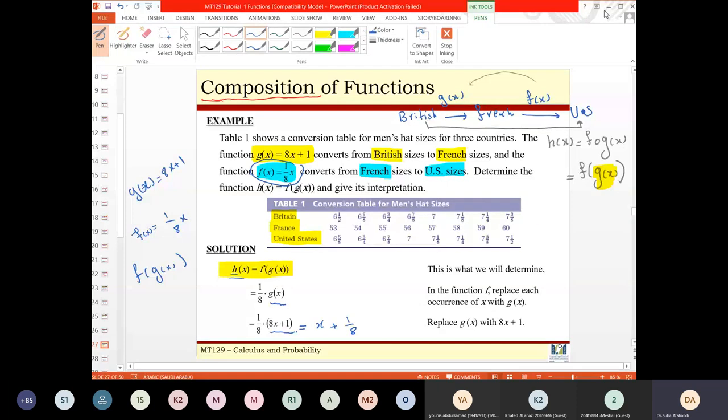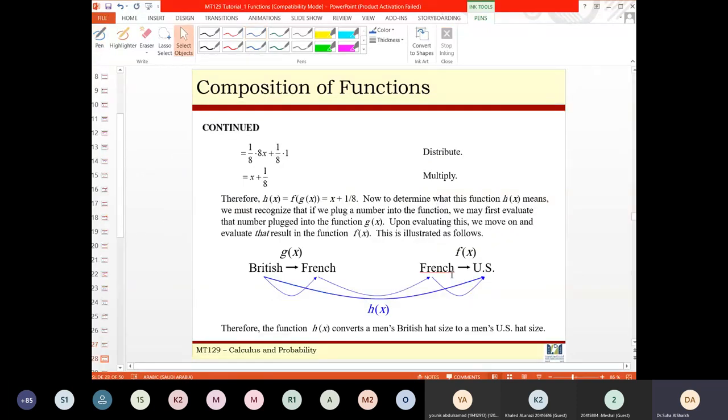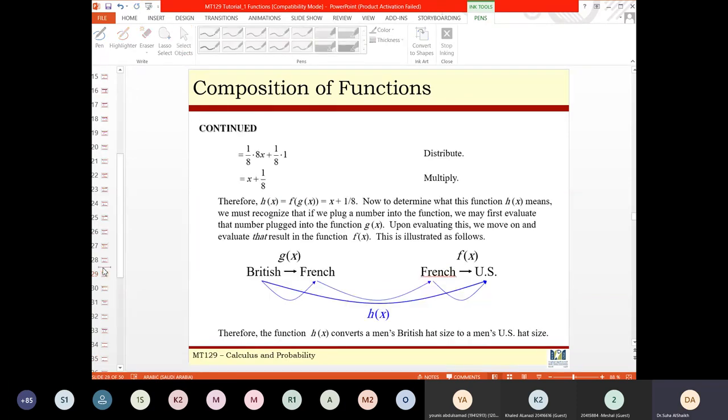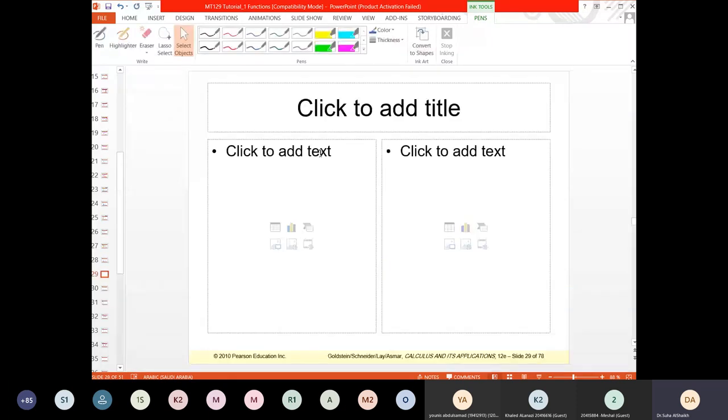Is it clear? Okay, I will give you another example. Let me give you one simple example before we go to the complicated one.